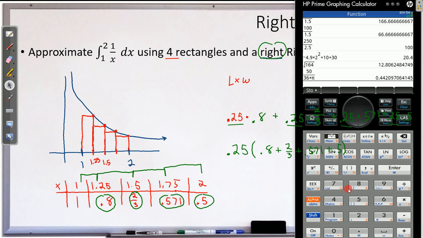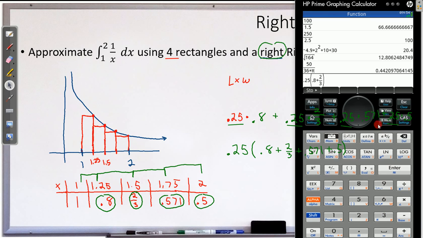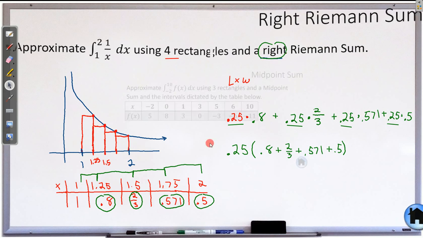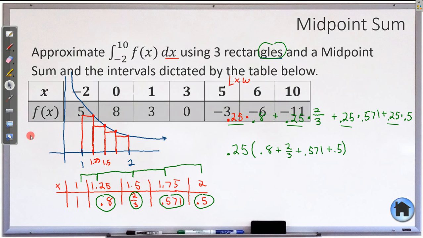All right, so now we're going to do 0.25 times 0.8 plus 2/3 plus 0.571 plus 0.5. Add all those up, hit enter. We get 0.634.